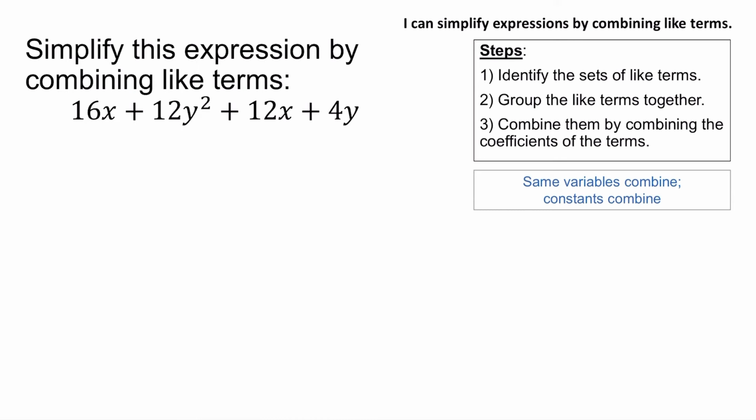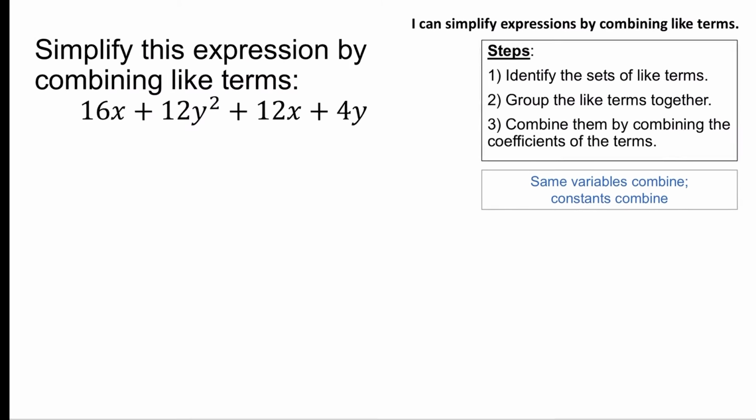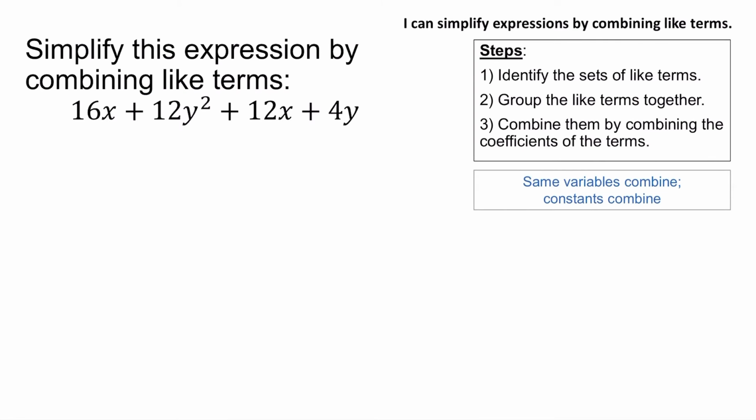So now let's simplify this expression by combining like terms. So we have 16x plus 12y squared plus 12x plus 4y. So I'm going to start off with 16x, and I'm going to look for any other terms that have an x in them. So 16x will combine with my 12x term.